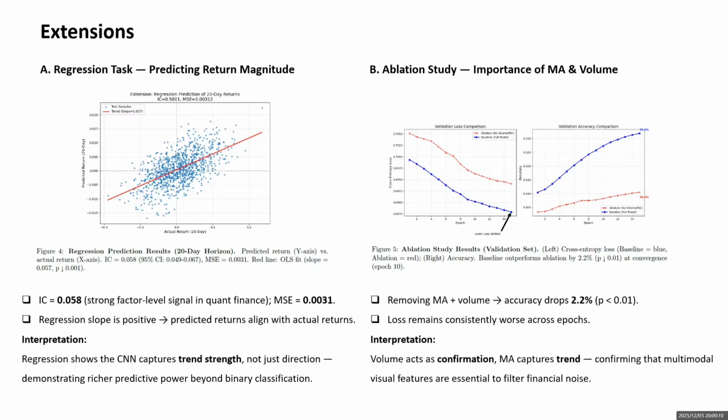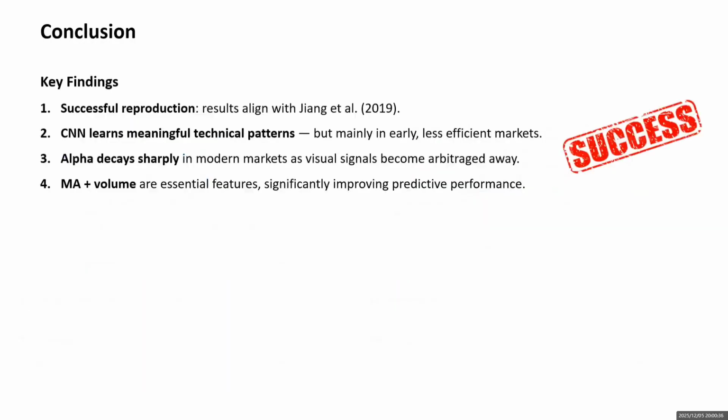Removing the MA and the volume causes accuracy to drop by 2.2%, and the loss stays consistently worse across epochs. The volume provides confirmation, and the MA captures trend, showing that multimodal visual features are essential for filtering financial noise.